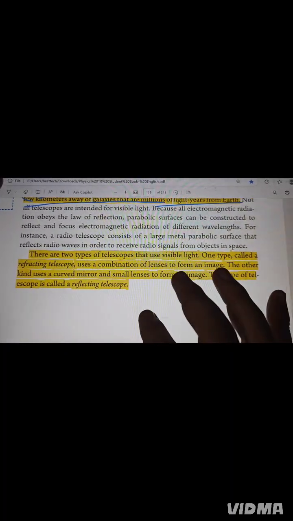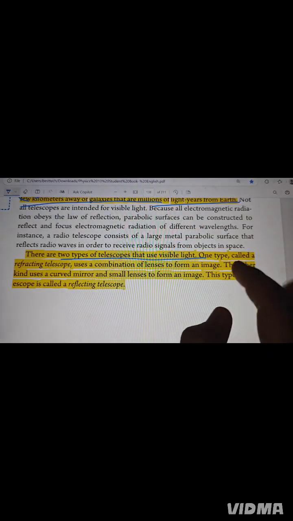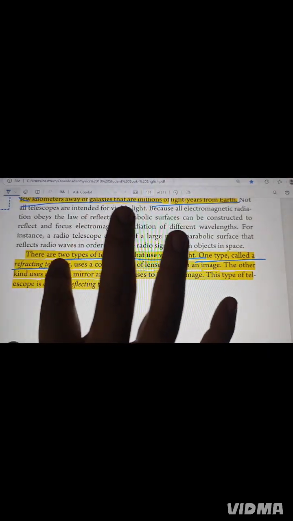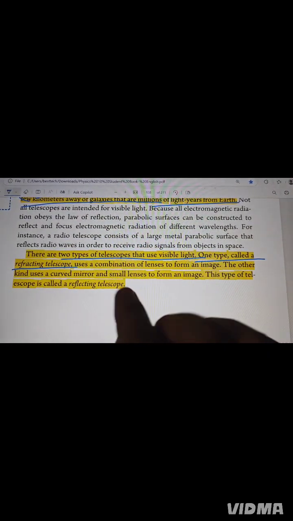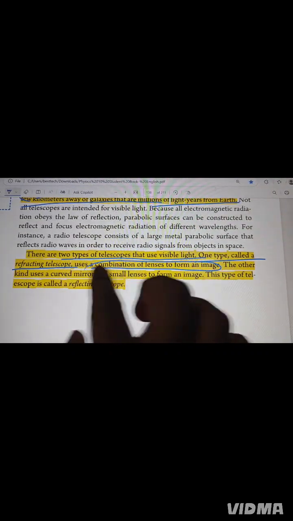We have two types of telescope that use visible light. One type is called a refracting telescope. Important to know for multiple choice: a refracting telescope uses a combination of lenses to form an image.